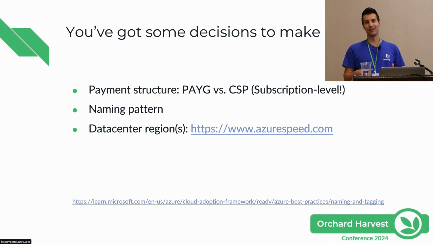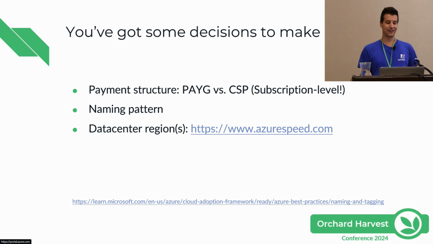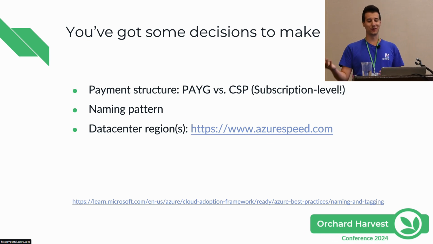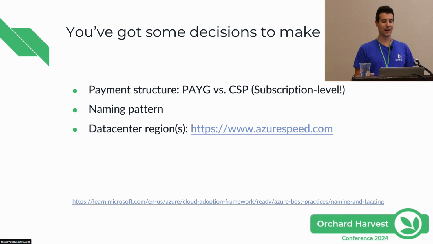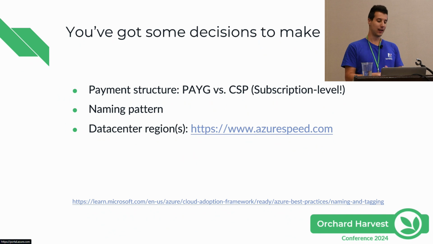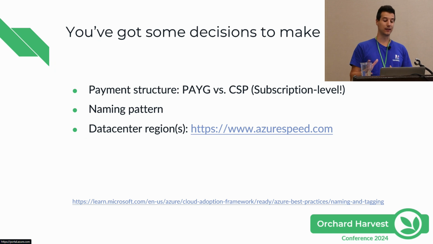You should use something that is consistent, so the next person who is going to manage those resources won't pull their hair out just trying to find out which resource is connected to which one. And actually, Microsoft has obviously a vast documentation page, and one of the topics that they cover is naming patterns and suggestions related to that.